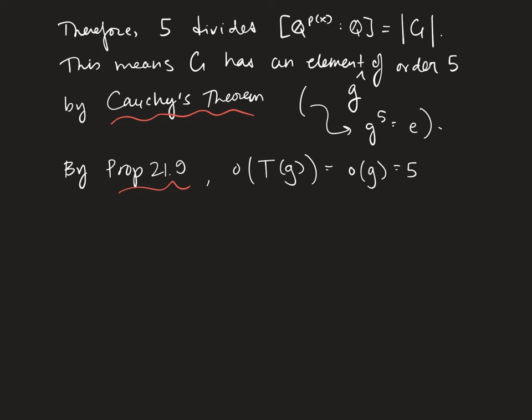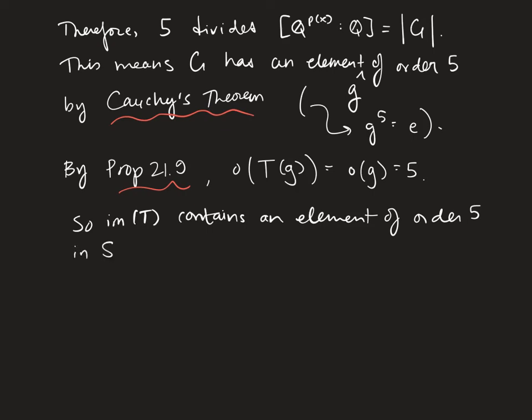So we just found an element of order 5 in the image of our automorphism. So the image of T contains an element of order 5. And remember that this image of T belongs to S5. So we found an element of order 5 in S5.